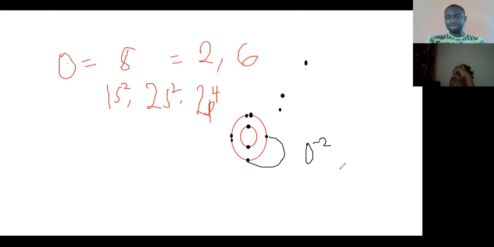Also, most times we see oxygen as O2, the molecule of oxygen, an oxygen gas with covalent bonding. So these are the little background we need to know about oxygen. I hope you understand that analogy, right?